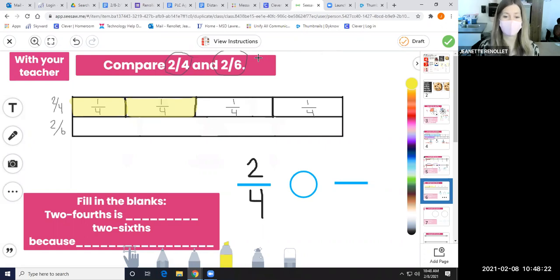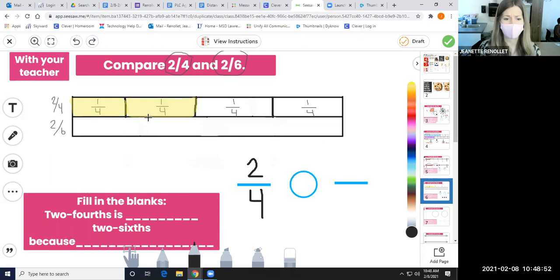Great job. Let's go on to modeling 2/6 on our bottom model. Remember, now we're going to show 2/6 down below. And the reason we show it right next to it is so that we can easily see the model and compare. My denominator is 6, so I need 6 equal areas or 6 equal parts.